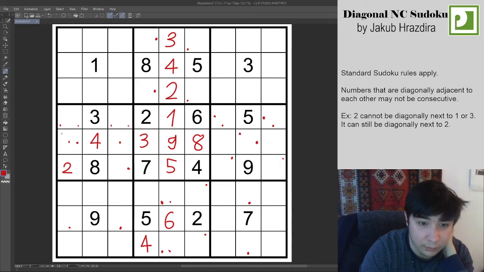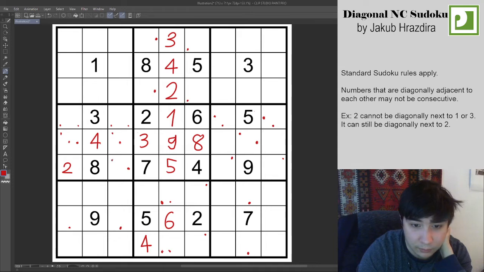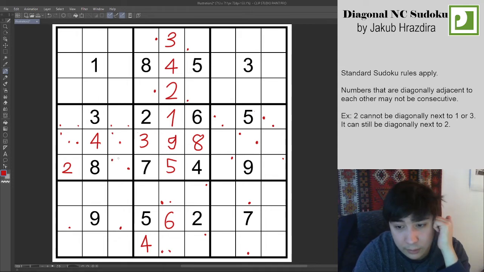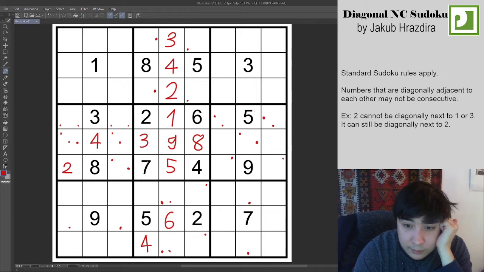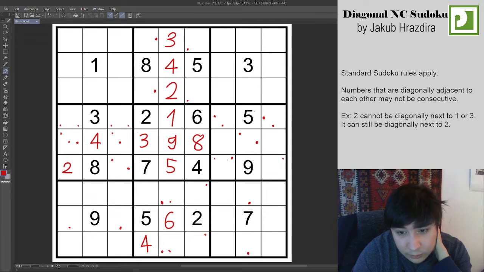And then we just have a 1 in every spot here. That's it for pencil marks on that side. So this is missing 1, 6, 3. Is it? Actually, that is a very interesting hidden triple.